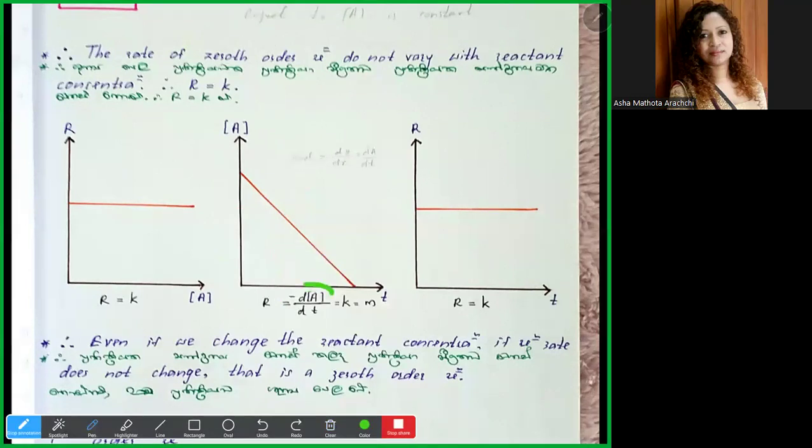The concentration difference divided by the time difference is supposed to be constant, because with respect to A the rate is constant. So when we draw this graph, the gradient must be constant. Then only can we say the rate is constant. So you get a straight line with a negative gradient.